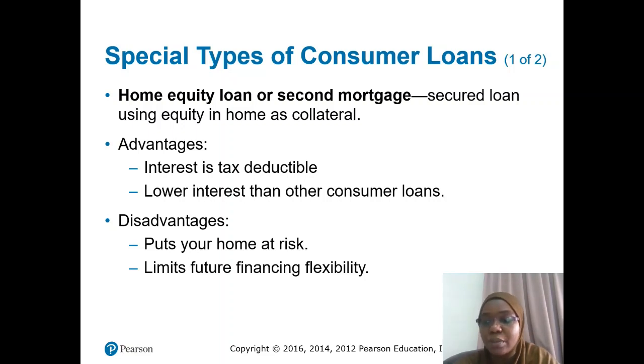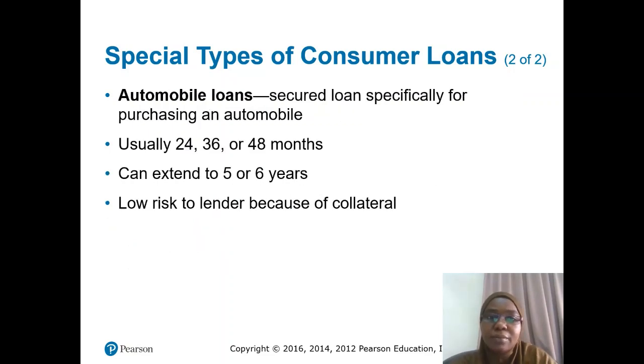You may not be that financially flexible in future, because it's like you are spending your future income at present. We also have the automobile loan. These are majorly secured loans specifically for purchasing an automobile. As the name implies, you want to get a car, automobiles generally.